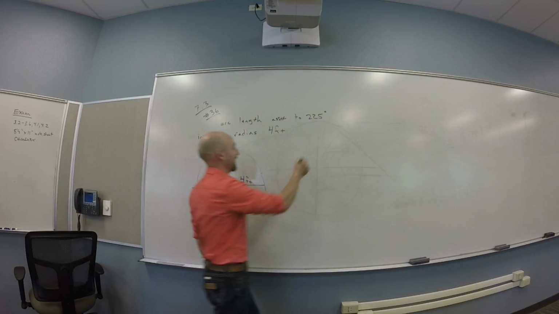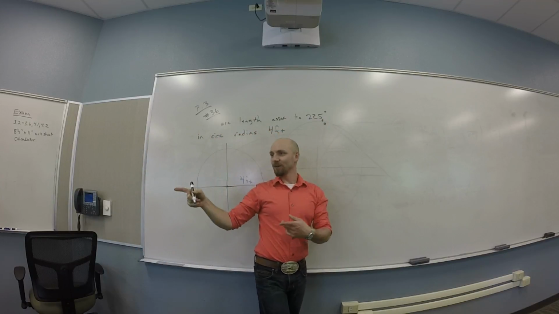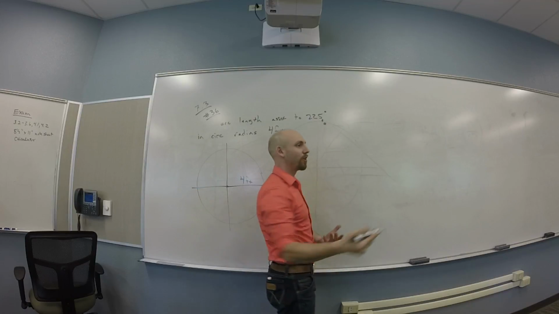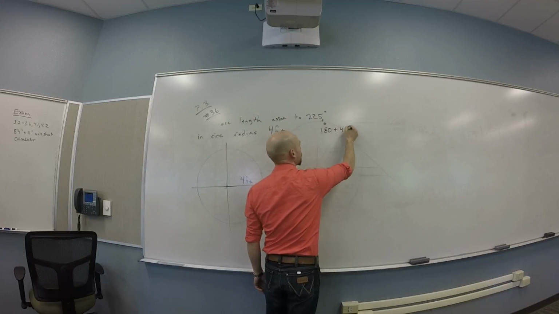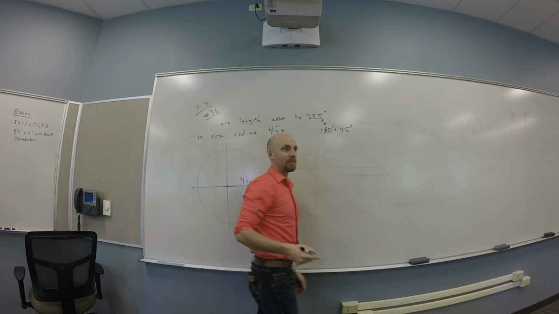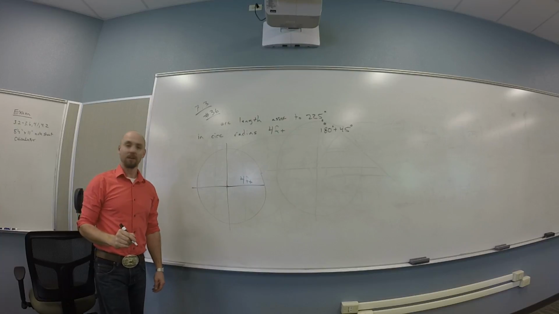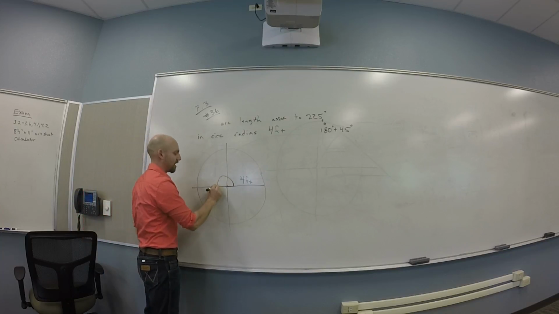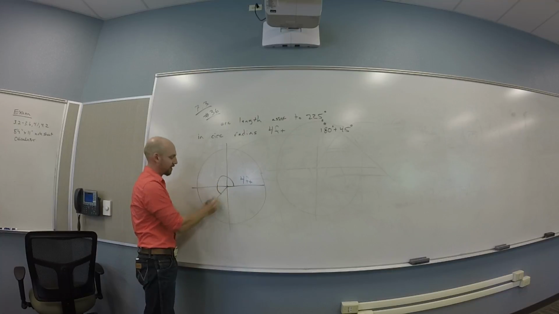I would convert it to radians. You can either convert 225 to radians, or you can figure out that this is 180 plus 45 degrees. Why would I think about it that way? Because it's easy. 180 goes to here, and then 45 degrees more gives me my reference angle kind of automatically.